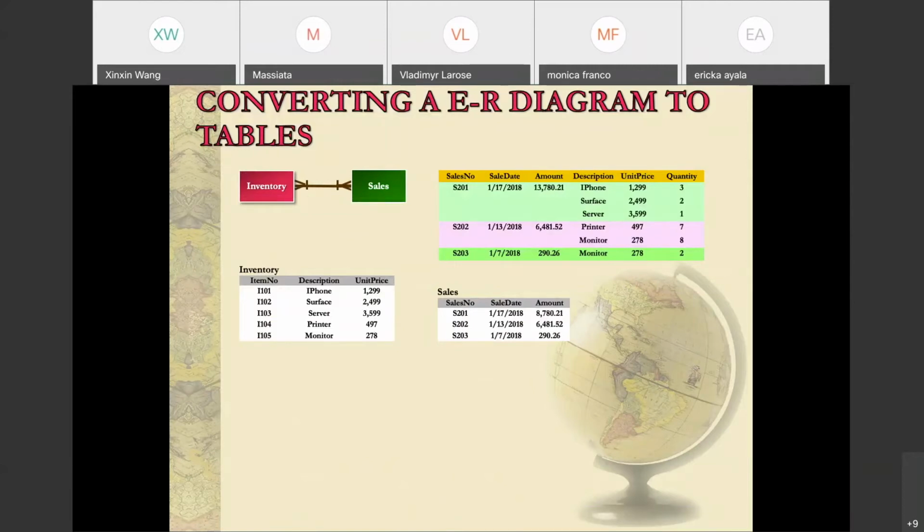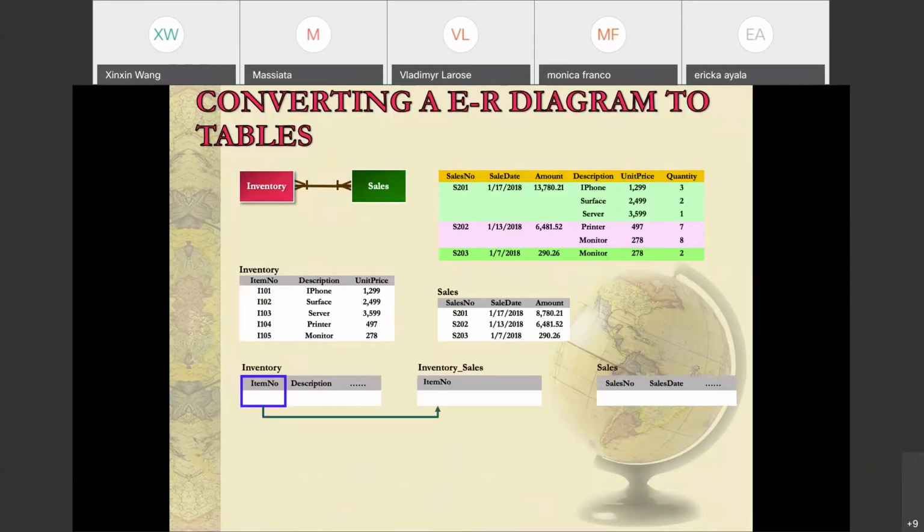We first separate into two tables: one is inventory, one is sales. Because this is a many-to-many relationship, we apply the rule: from the one side to the many, we use the primary key of the inventory as the foreign key of the inventory sales.